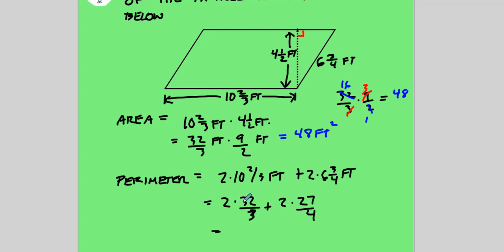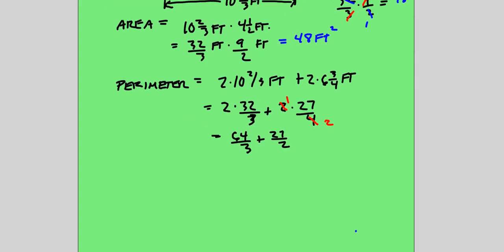So now that's going to be 64 over 3. And then I could write this as, notice I can reduce this to make a little less work. 2/4 reduces to 1/2, so this ends up being 1 times 27 over 2, which is 27 halves. Okay, now I have fractions with unequal denominators.